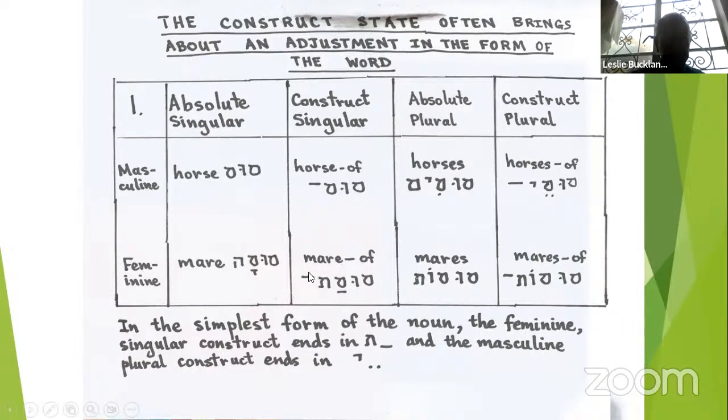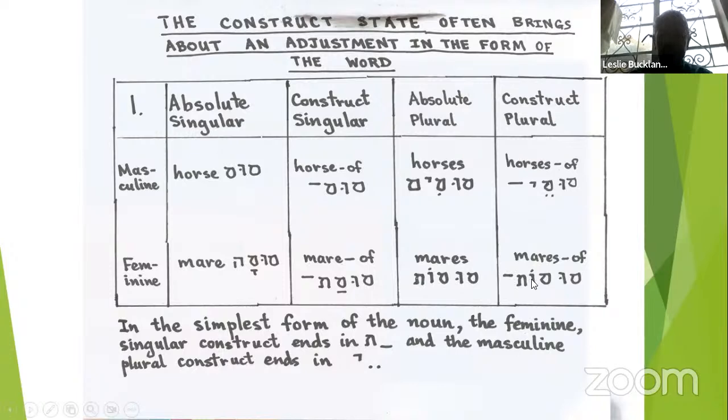And of course you have the makef joining it to another noun in the construct state. Now in the absolute state, in the plural, it is suso. This is the feminine plural, suso. This is the masculine plural, but this is the feminine plural, suso, mares or female horses.